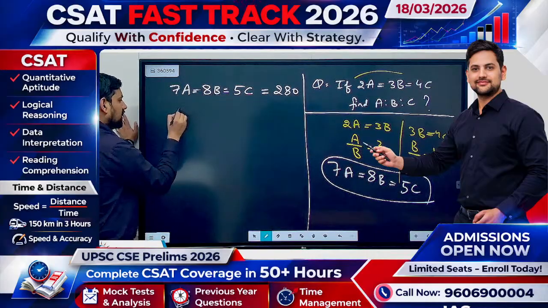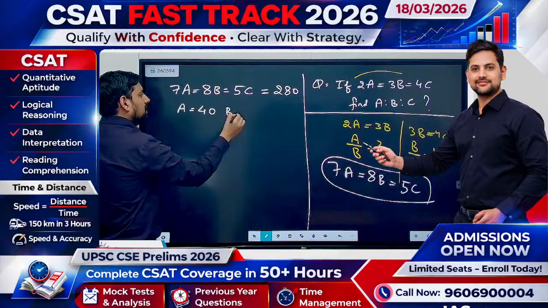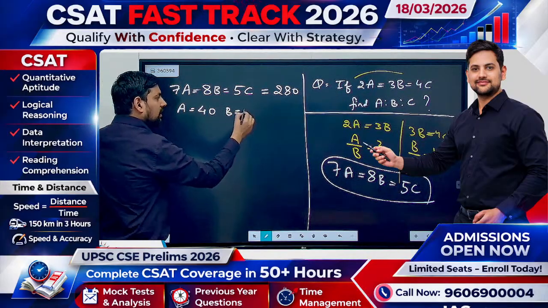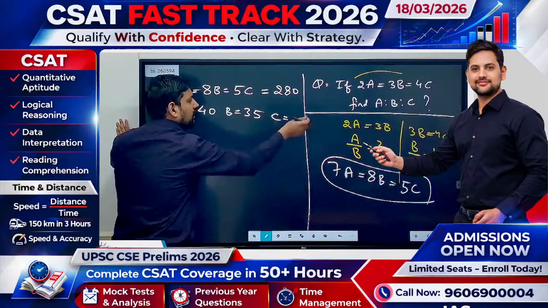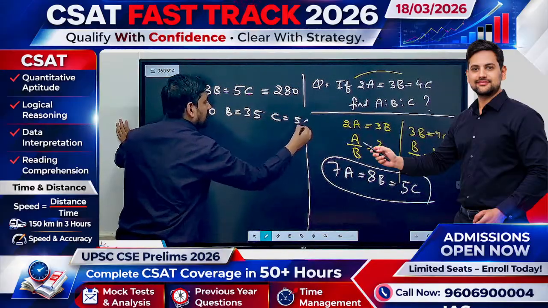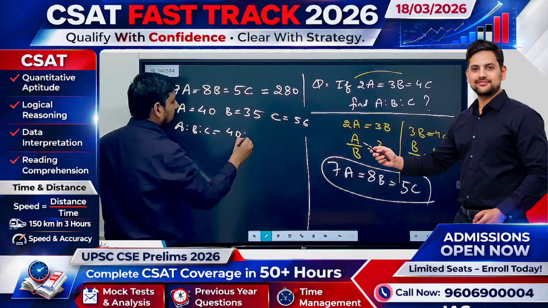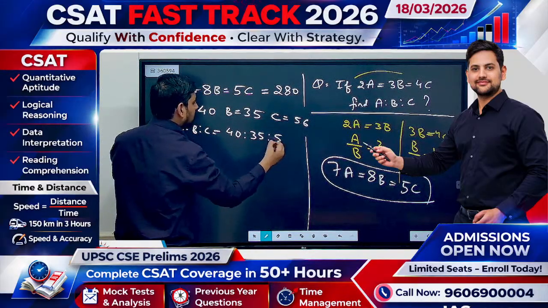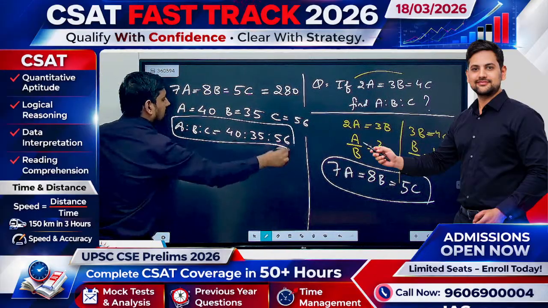So then A comes out to be 280 by 7, that is 40. B is equals to 280 by 8, that is 35. C is equals to 280 by 5, this is 56. So A ratio B ratio C is equals to 40 ratio 35 ratio 56. Can any of them cancel out? No. So this becomes your answer.